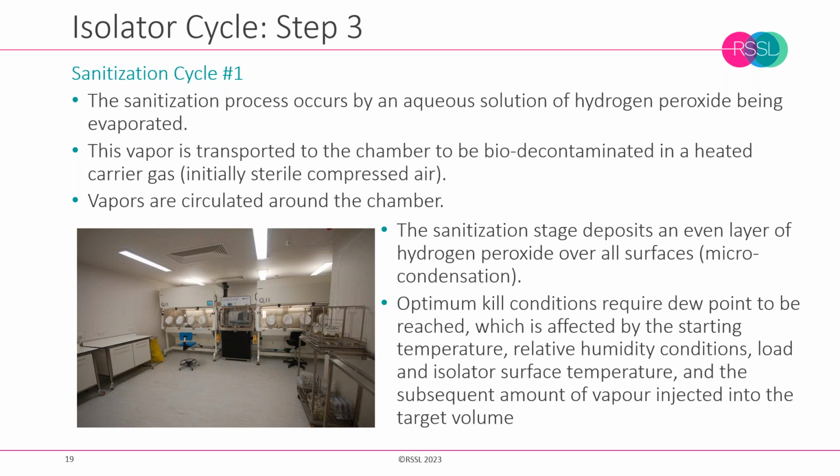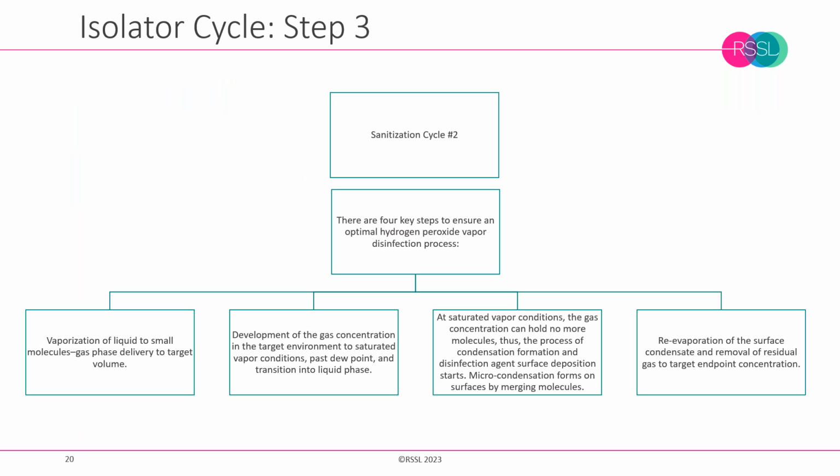It's that mechanism of imparting the hydrogen peroxide molecules to all exposed surfaces and being able to interact and to penetrate the microbial cell wall. We should never really forget those fundamentals.